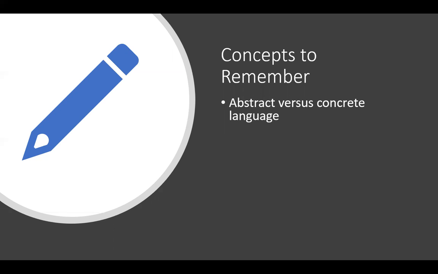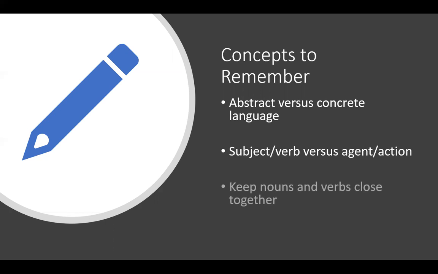Use those concrete verbs and nouns as much as you can. Really think about your subject-verb agreement versus your agent-action connection. What is being said by the words that you use?